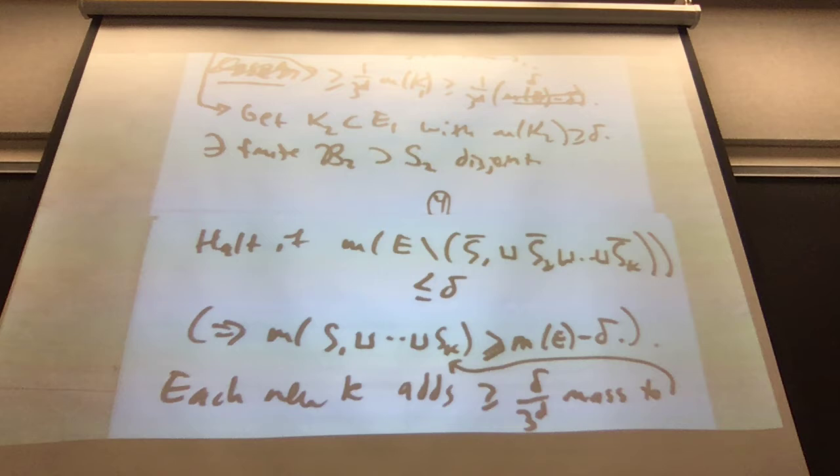Well, you could rename delta, but let's keep it with the same concept as before. So not only, sorry, what do I want to say?